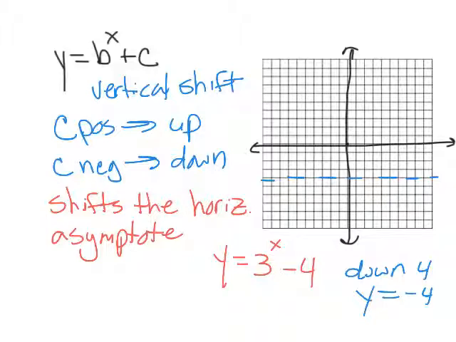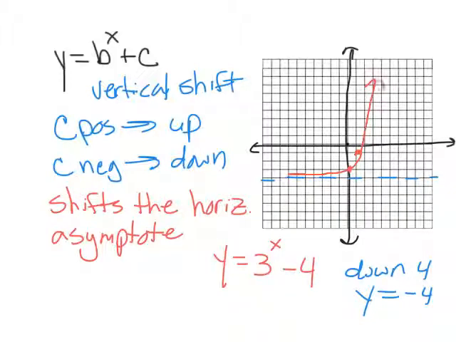On the y-axis, I am 1 point above the asymptote, and then if I move to the right 1, I'm going to go up the amount of the base. If my base is 3, that means if I move to the right 1, I go up 3, and that point is on the graph. Everything has been shifted down by 4 units.